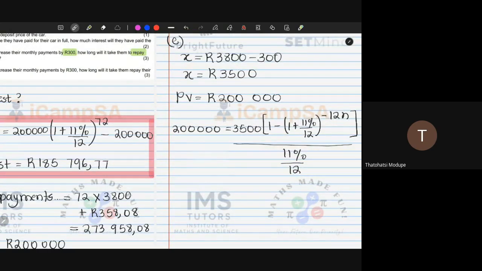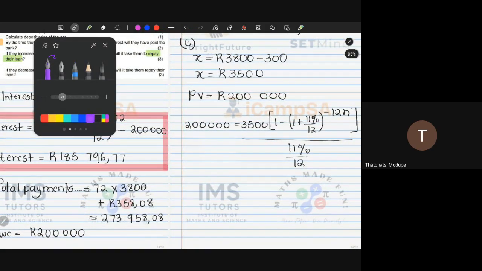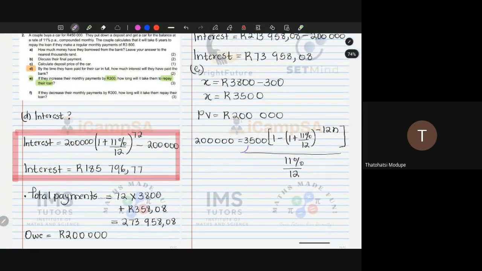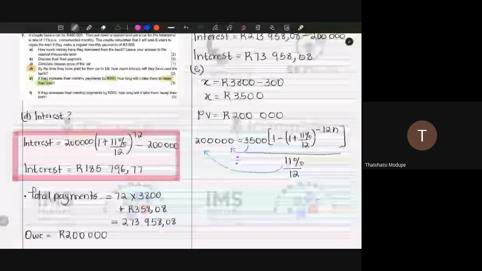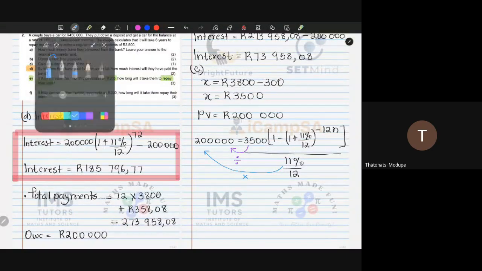I'm going to do a couple of things at the same time. The first thing I'm going to do is divide by the 3,500 on the other side, but also to remove this percentage, I'm going to multiply by it on the other side.